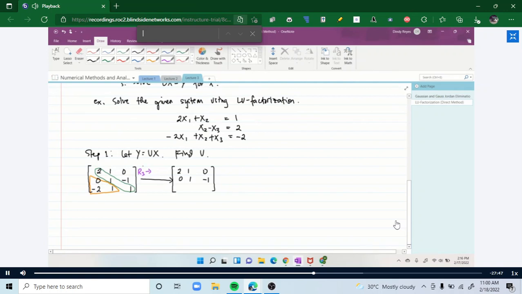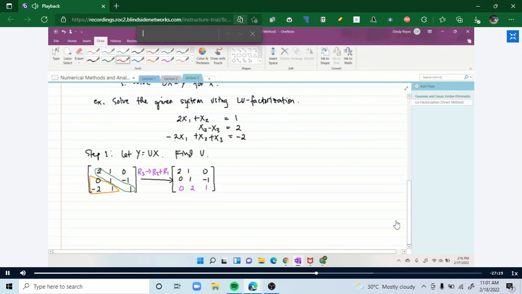Notice that if we add the two together, R3 plus R1, we'll have a 0 here. I'll write it in violet. So this becomes 0 upon using this elementary row operation. Adding R3 and R1, we get 2 here. Adding 0 and 1, we get 1.